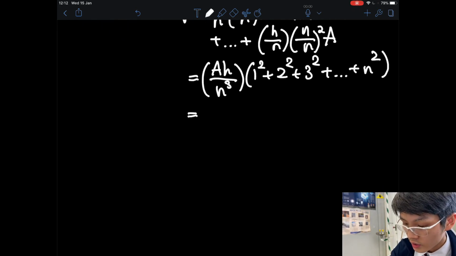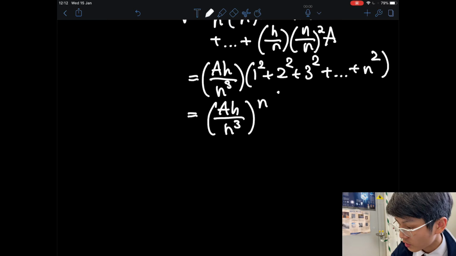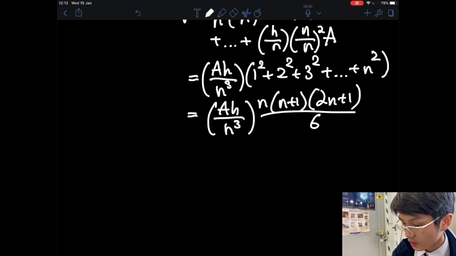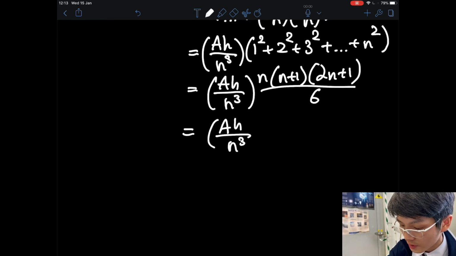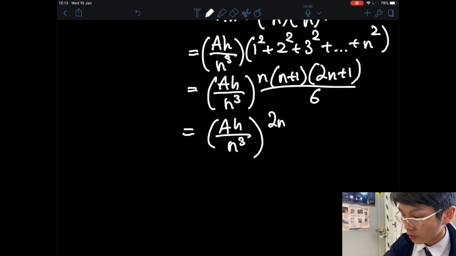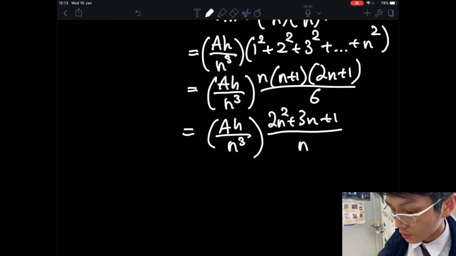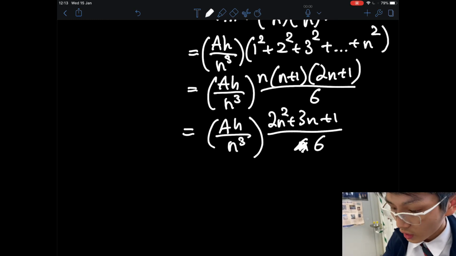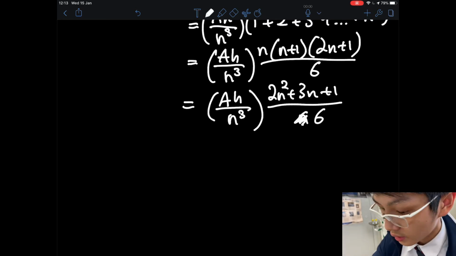Now, we already have a proven expression, which is that the sum of consecutive squares, when factorized, is n times (n plus 1) times (2n plus 1) over 6. So if we take a look at this expression and expand the top bit, we will get 2n squared plus 3n plus 1, divided by n squared, divided by 6.